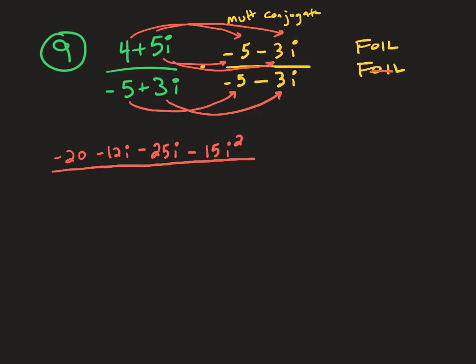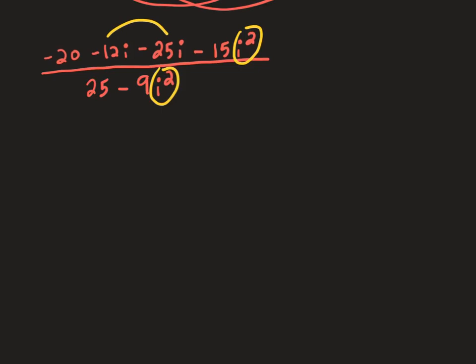On the bottom, negative 5 times negative 5. And then 3i times negative 3i is going to be negative 9i squared. Some i squareds there to consider, some like terms in the middle to consider.